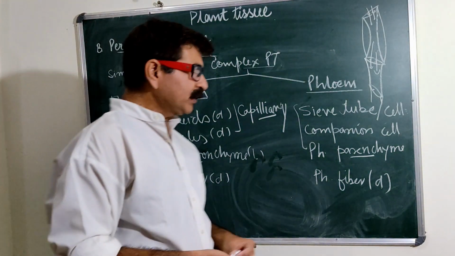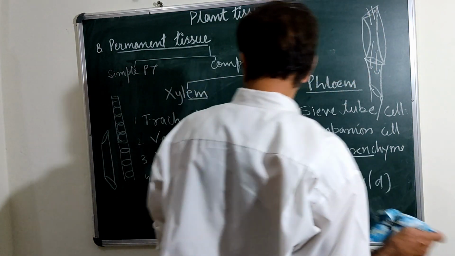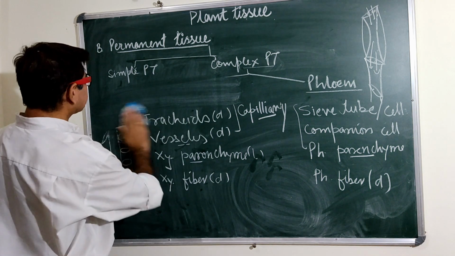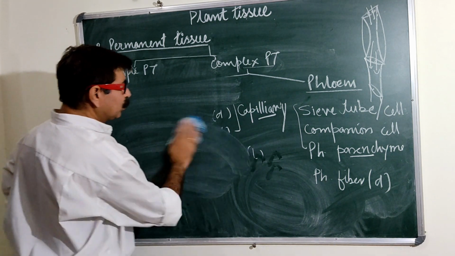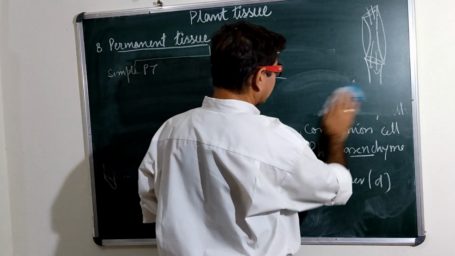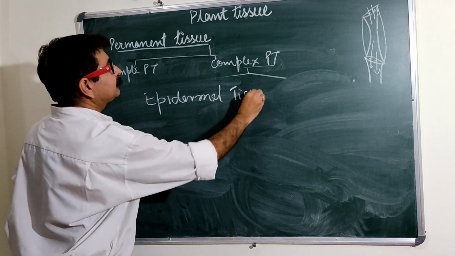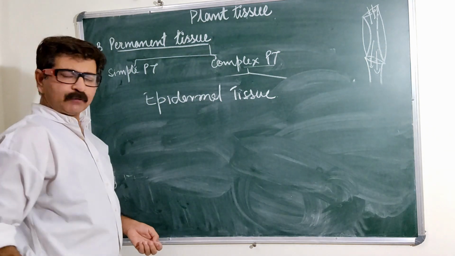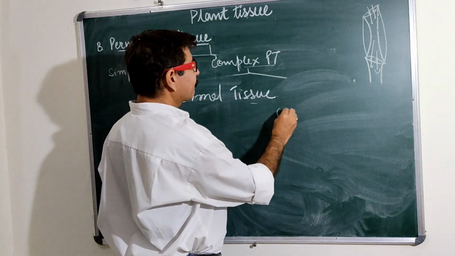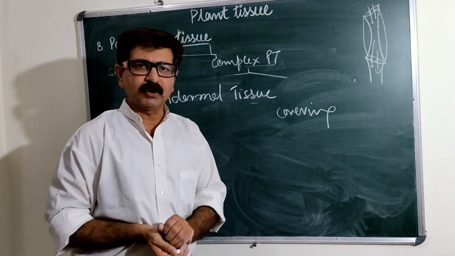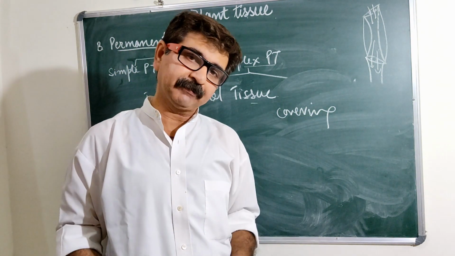One more type of tissue is also found in plants, and this tissue is found at the surface of the plant, so known as epidermal tissue. It forms coverings, maybe on the stem as well as on the leaf.